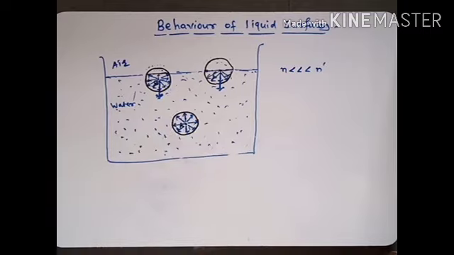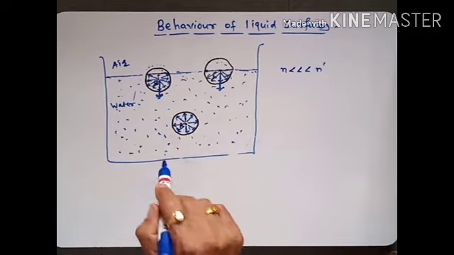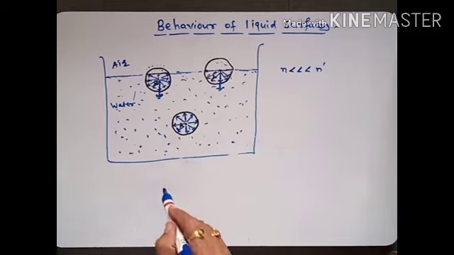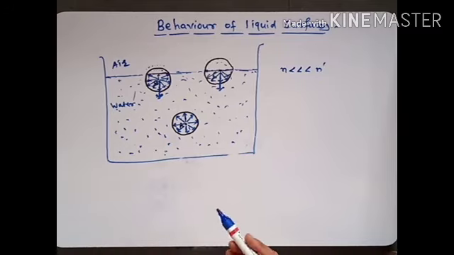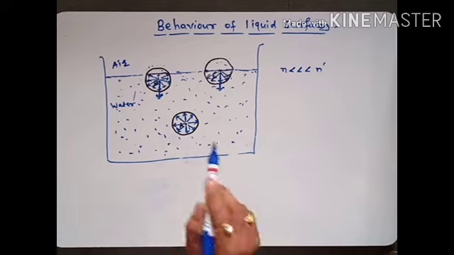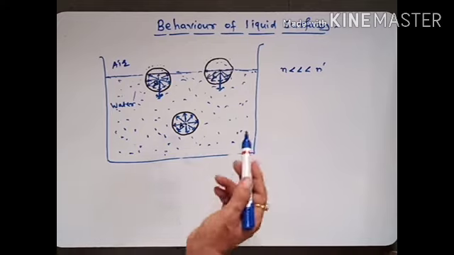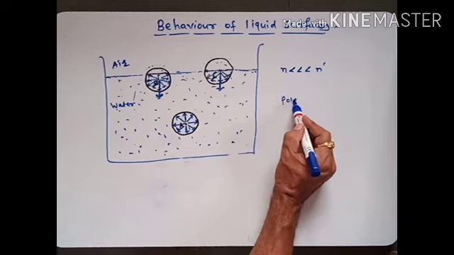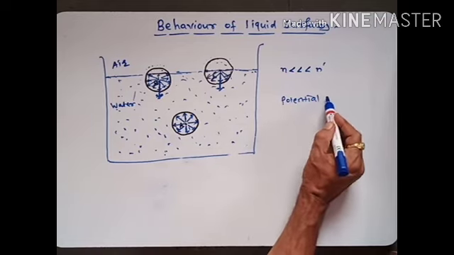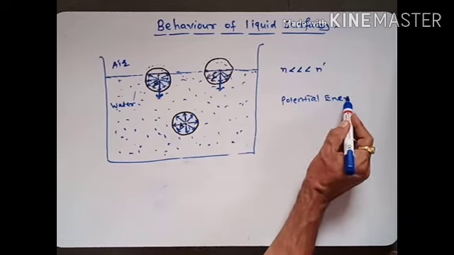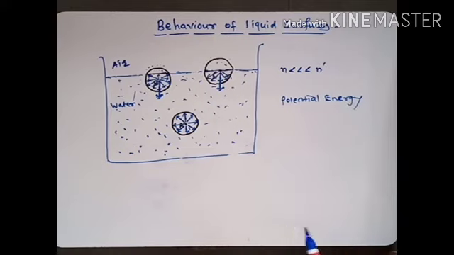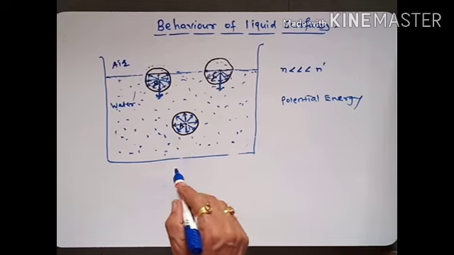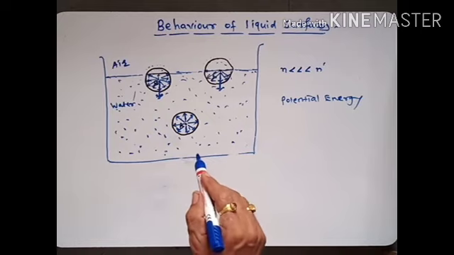which are in the downward direction. And that work done to bring some molecules which are inside the liquid to the top surface of liquid is stored in that surface in the form of potential energy. We have to do some work, and that work done is stored in that surface in the form of potential energy.